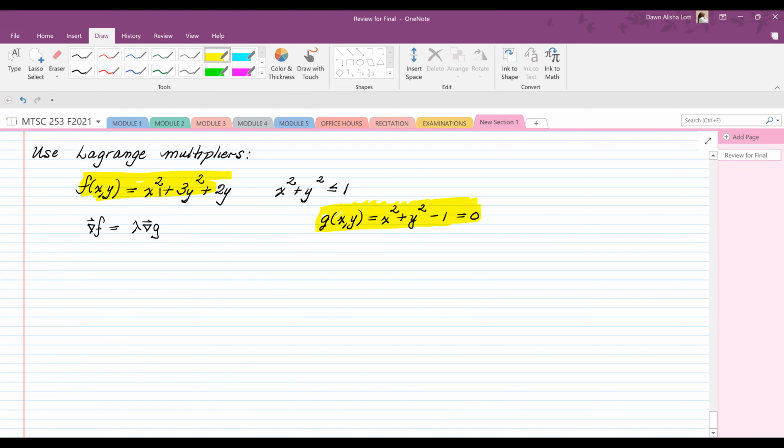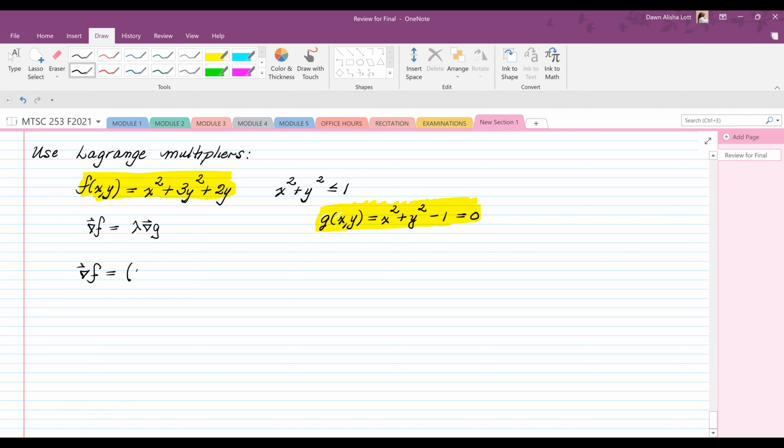So now you need to find the gradient of f. So what's the gradient of f? Don't you have to find the derivative first? Yes.